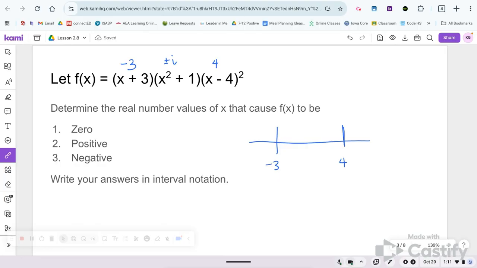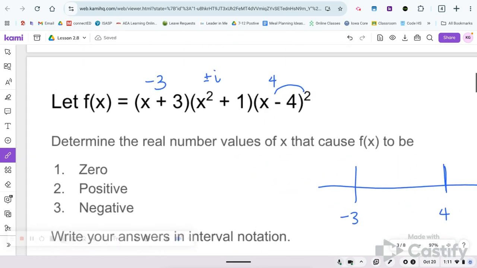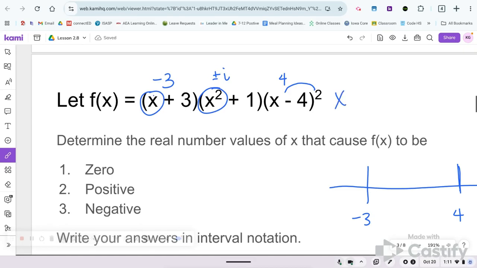And if I would FOIL this all out, because I need to know what kind of function it is, like if it's odd or even, if I was able to distribute this all out, I'd have x squared and another x squared, and x to the first. So it looks to me like this is going to be an odd function.